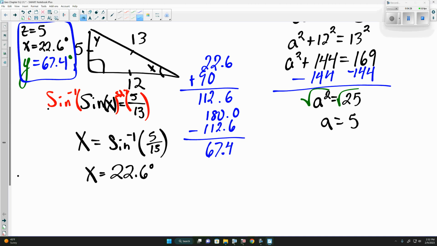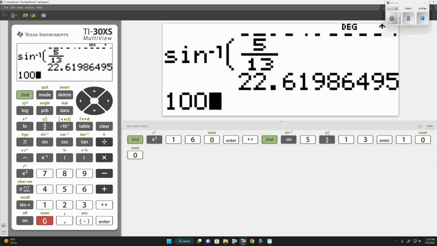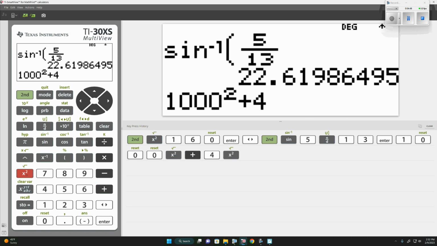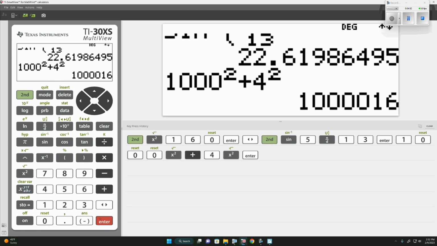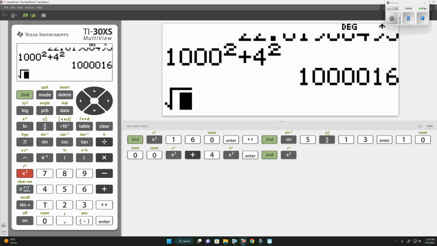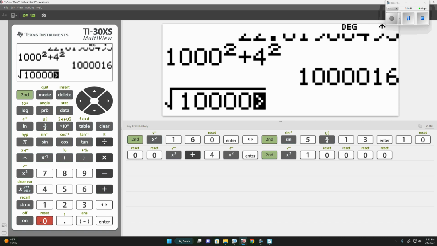Is that right? Yeah. You need to square root it. Oh wait, no, just that one. That one just needs the square root. So the hypotenuse squared is 1,000 squared plus 4 squared, and this number here is what it gave you.